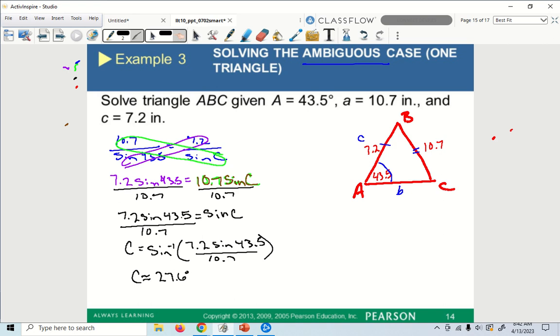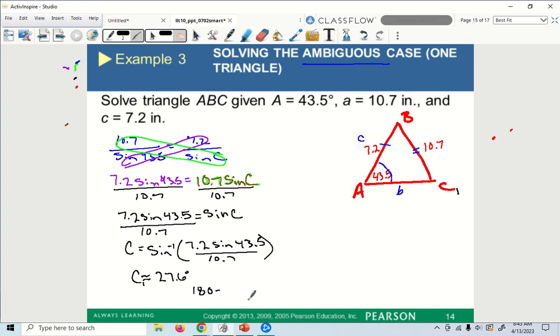Now, since this one right here is ambiguous, that means this is my C1. And now I have to check to see if there is going to be a second triangle. You guys remember from the notes, what did I do to check if there's a second one? Yeah, 180 minus the other one, this one right here.